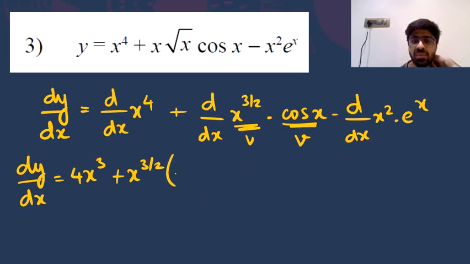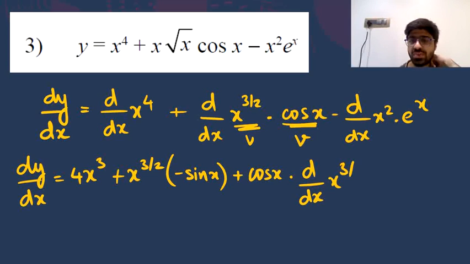So we have x power 3 by 2 into minus of sin x plus v, that is cos x, into the derivative of x power 3 by 2.